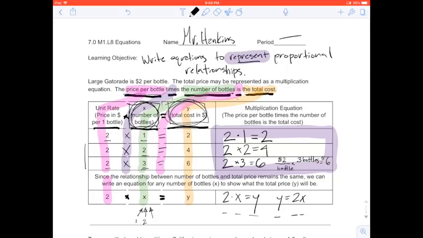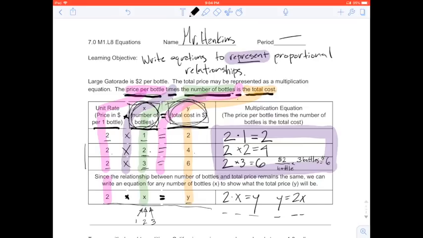If we say we're buying 2 bottles, 2 times 2 equals 4. So that comes out correct for Y again. 2 times 3, if we're putting in 3 bottles, comes out as 6. So this equation does accurately reflect the situation.